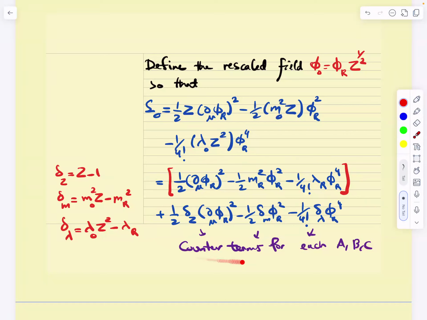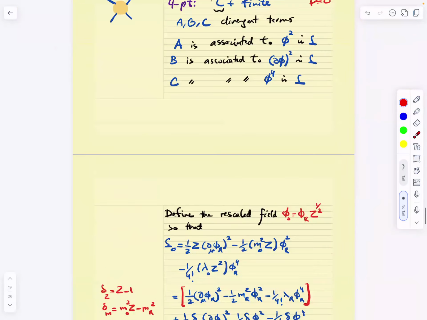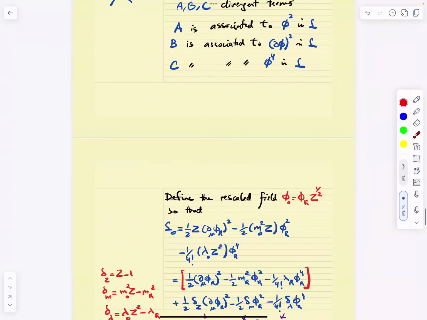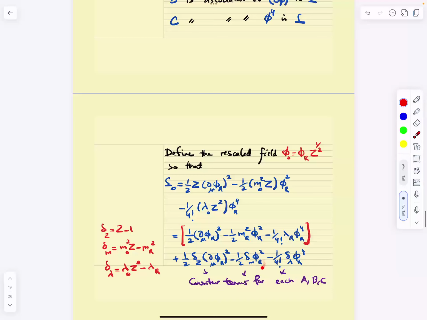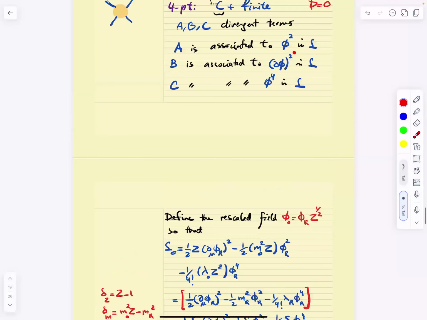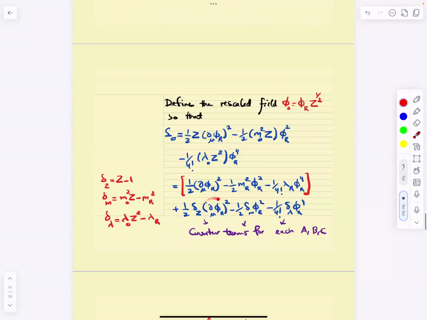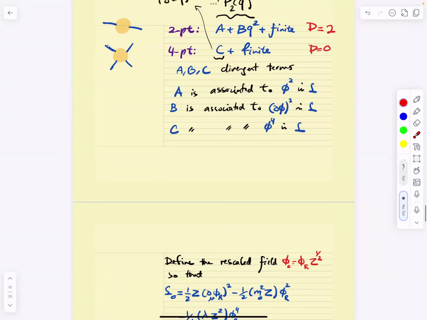These are what we call the counter terms. This is the counter term for A, because it has a q squared, remember? Sorry, this is the counter term for A, right? A has to do with phi squared. This is the counter term for B. It has to do with del phi squared.